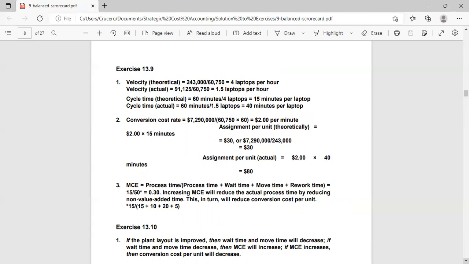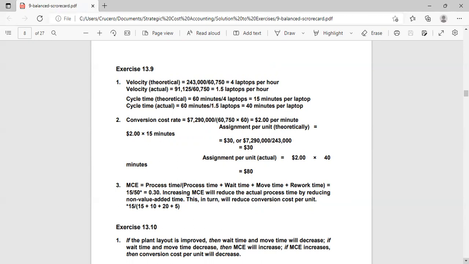60,750. Okay, so the actual velocity per hour and the theoretical and actual cycle time, minutes per unit produced. Velocity theoretical is 4 laptops per hour.